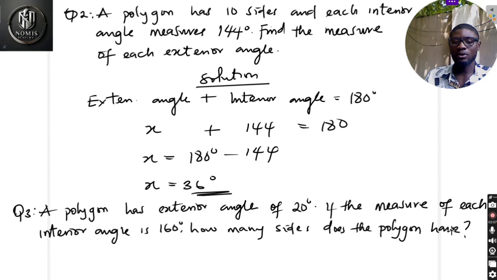A polygon has an exterior angle of 20 degrees. If the measure of each interior angle is 160 degrees, how many sides does the polygon have?